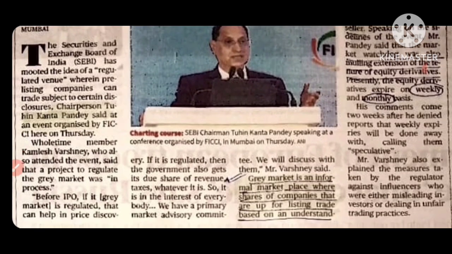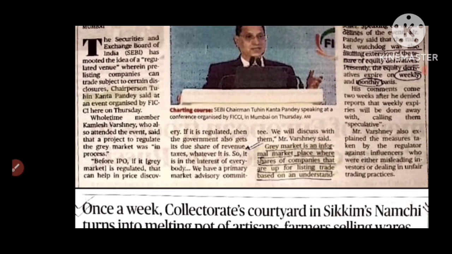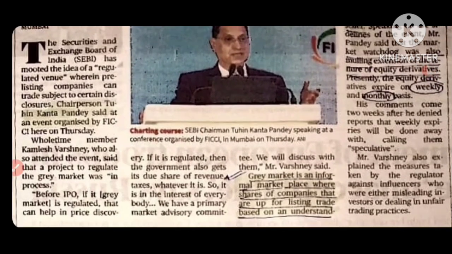Okay, one more very good article I saw here. The grey market is an informal marketplace. Now, what is a grey market? This can be a question asked in prelims. They will give you 4 statements, and then they will ask which of the following is a feature of a grey market. You can understand from the name itself that the grey market is an informal market.